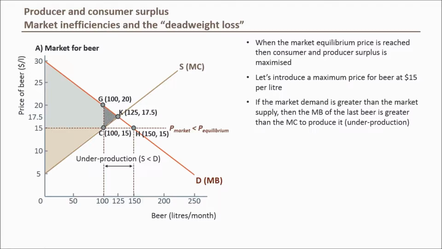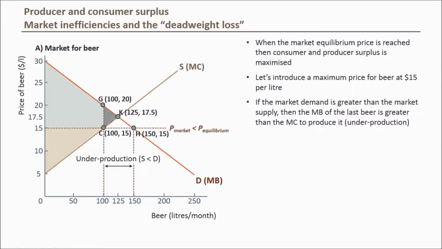The second point I would like to make is that you should be very careful how you draw and calculate the consumer surplus and producer surplus values when introducing market forces which push markets into or out of equilibrium. In our current example, where there is an underproduction of beer, we calculated our producer surplus and consumer surplus from the 100-liter quantity level.